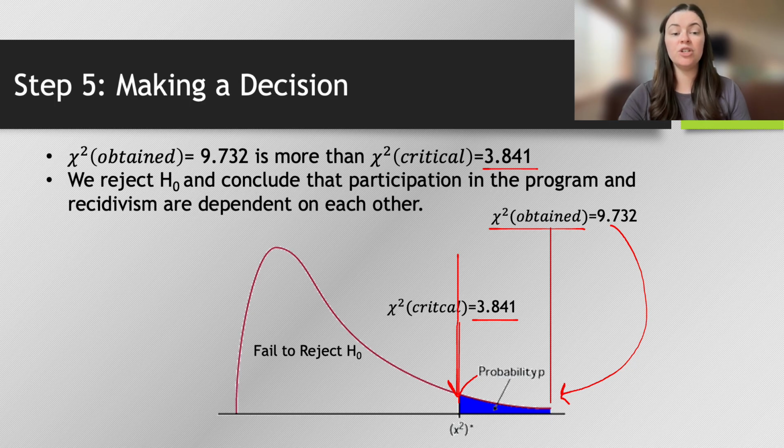Because of this, we reject the null hypothesis. The way that we would interpret this within the context of the problem is that we reject H0, the null hypothesis, and conclude that participation in the program and recidivism are dependent on each other, meaning that there is some sort of relationship or association between these two variables.